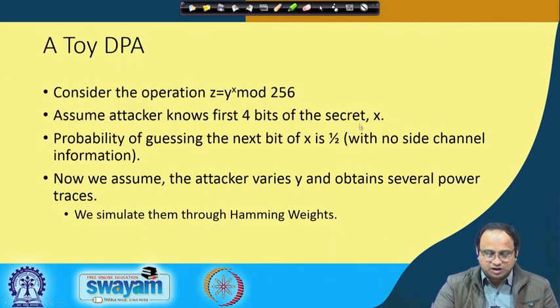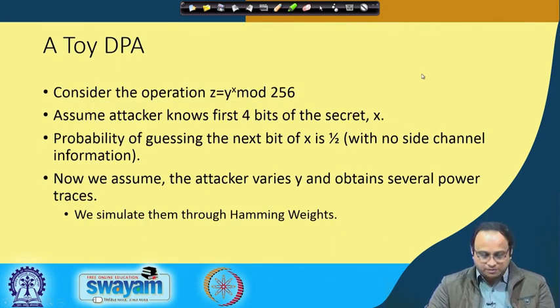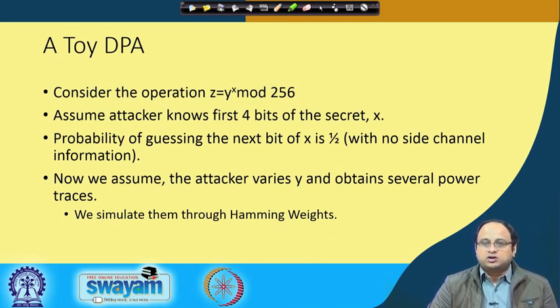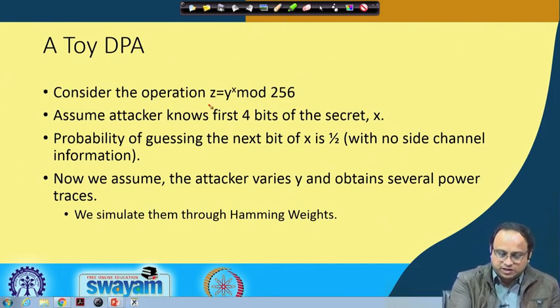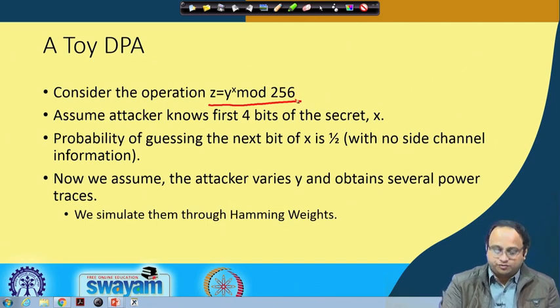So first let me start with a very toy example. This example is again a reminder of the RSA algorithm, because I am just taking an exponentiation routine. The exponentiation routine is denoted as z equal to y to the power of x mod 256.